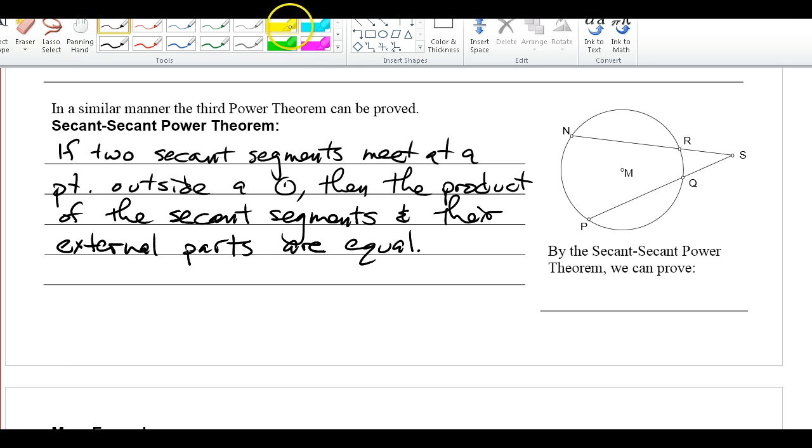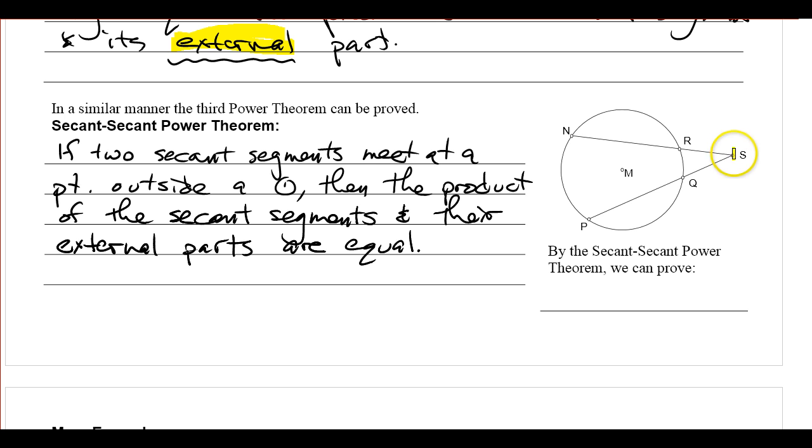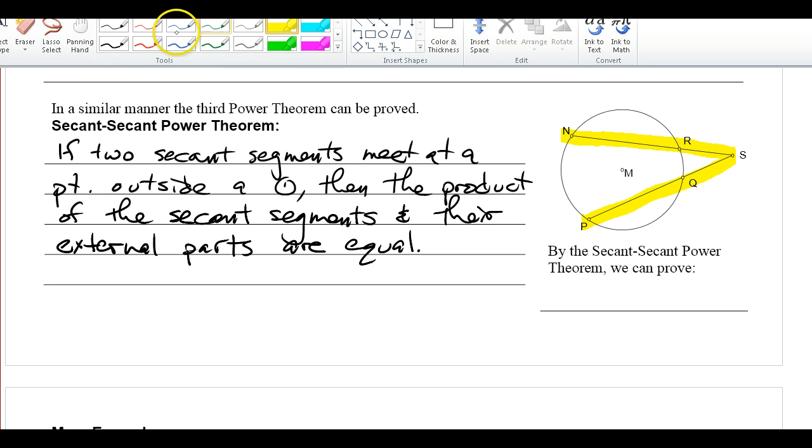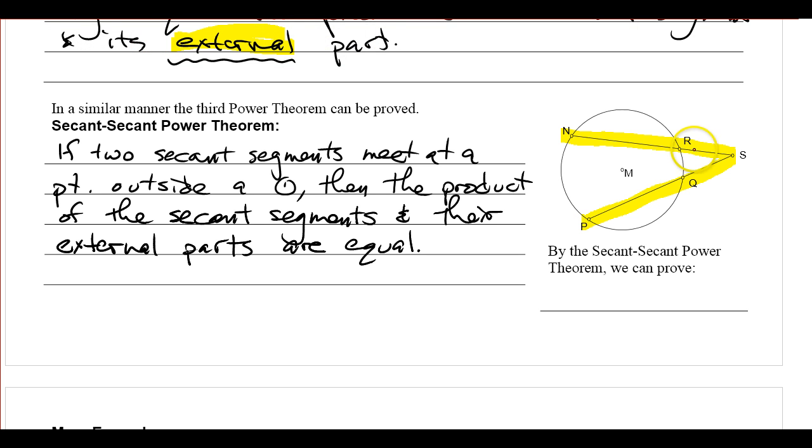Alright, so let's take a look at what we're looking at. We've got the two secant segments, so that's Sn and Sp. And then we've got the two pieces of the secant segments outside the circle, so that's going to be Sr and Sq. So again, whenever you're working with these secants and these power theorems, make sure that you're using the outside parts.